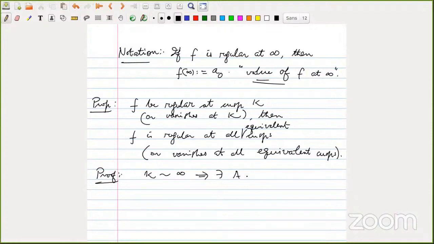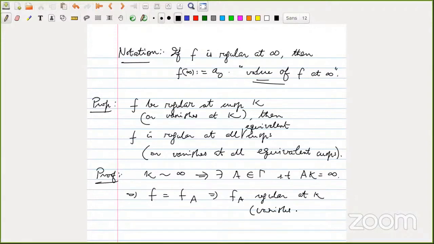Then there exists an A inside gamma such that A kappa equals infinity. Then f equals f|A, and this implies that f|A is regular at this cusp kappa.